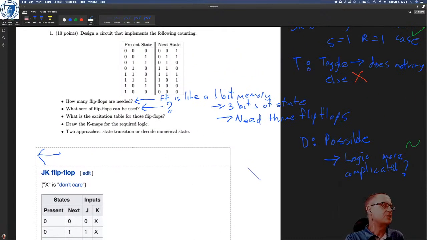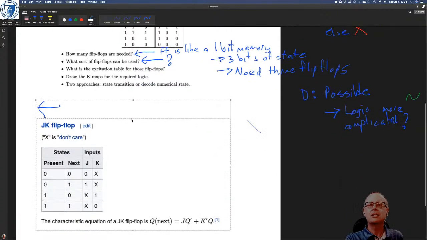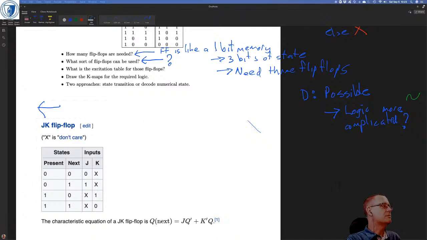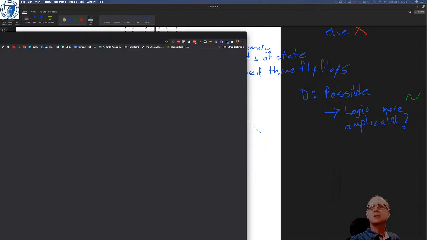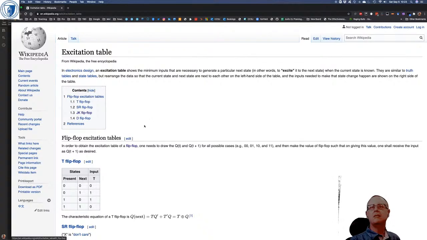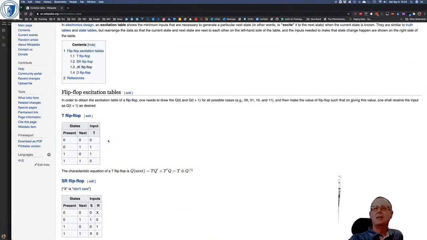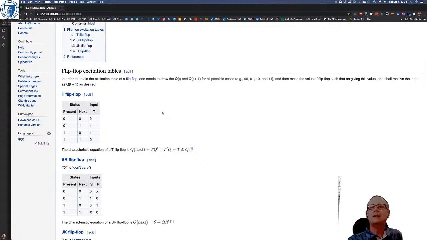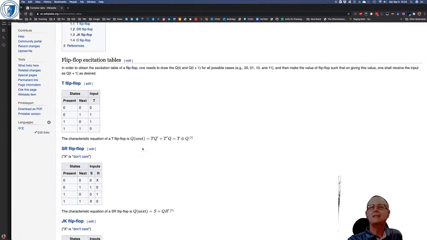So that's the excitation table, and that excitation table page on Wikipedia has the other flip-flops as well. Let me just bring that up again. There's a T flip-flop, tells you what to do.